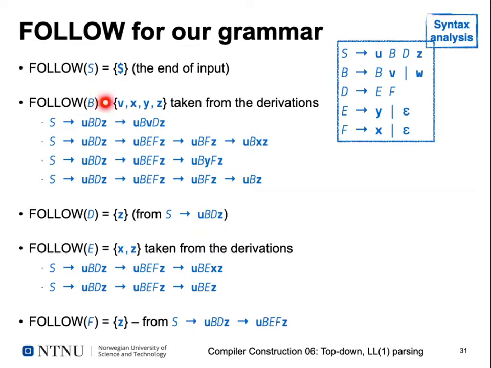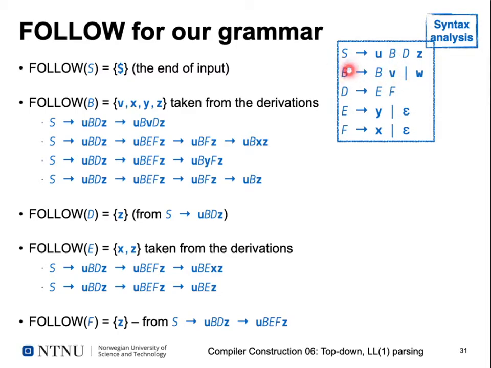Now let's take a look at follow of B. The first rule where B appears is the first rule here. So S derives U, non-terminal B, non-terminal D, Z. And for our first rule, we can go down and use the first production here.